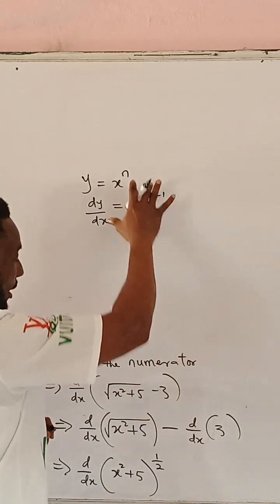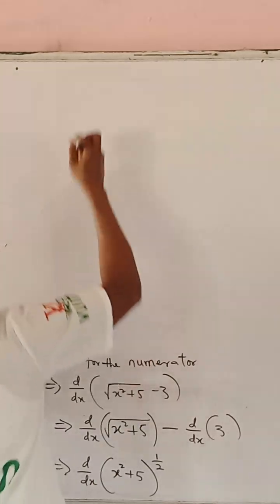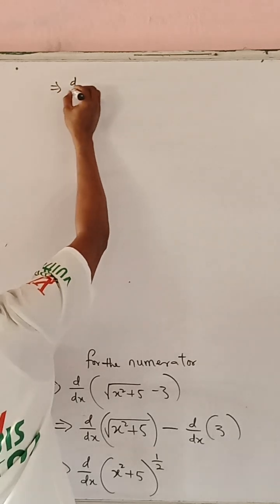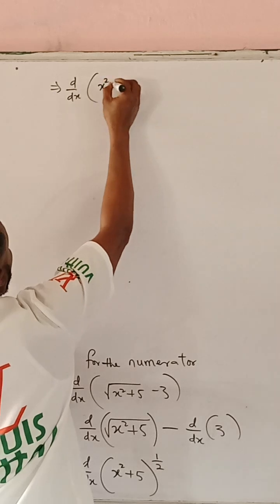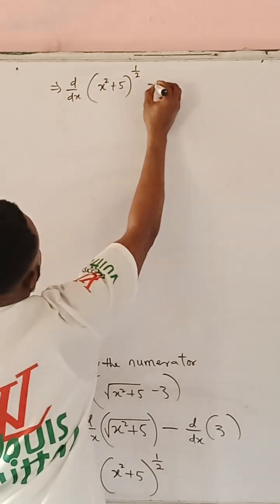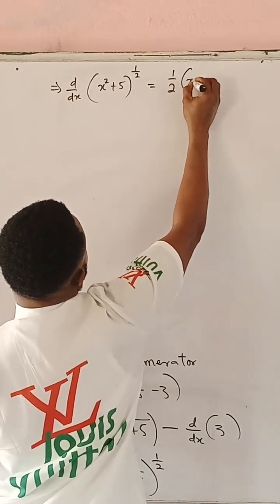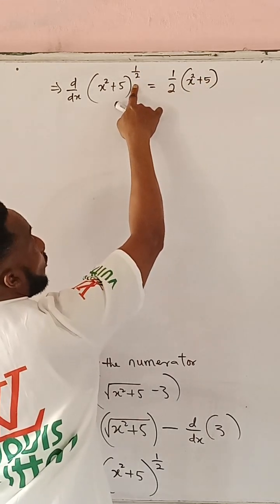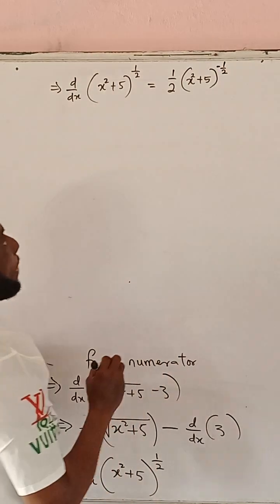Now if I apply this here, like I said, I will differentiate the entity. That's going to give me dy by dx. I'm just rewriting this step again: x squared plus 5 raised to the power of half, which is equal to half into x squared plus 5. Then I will subtract 1 from this exponent, that becomes a negative half.